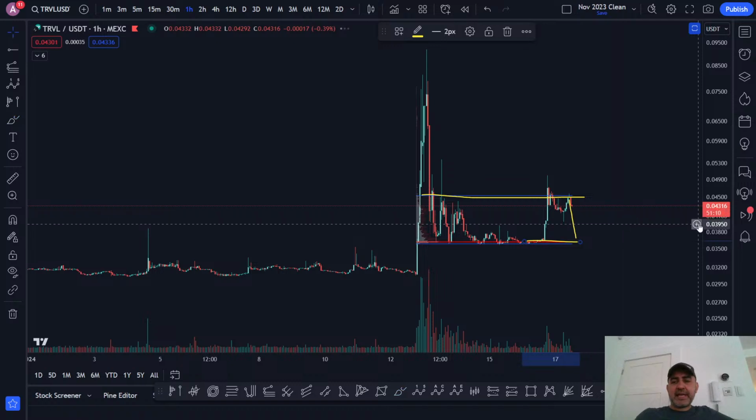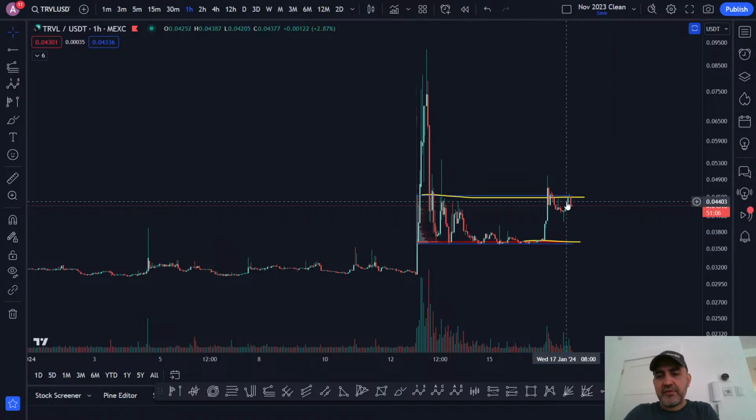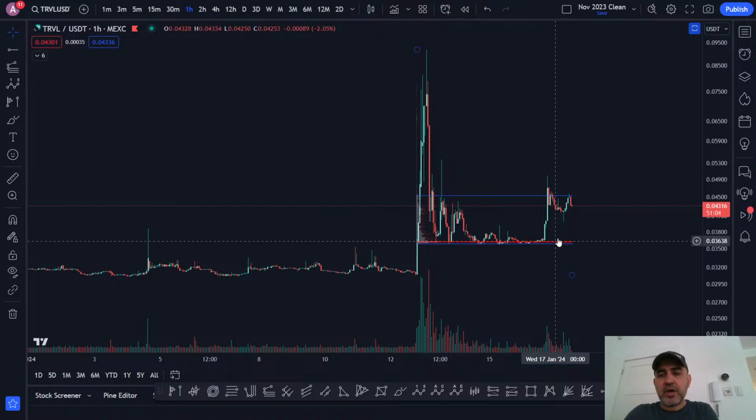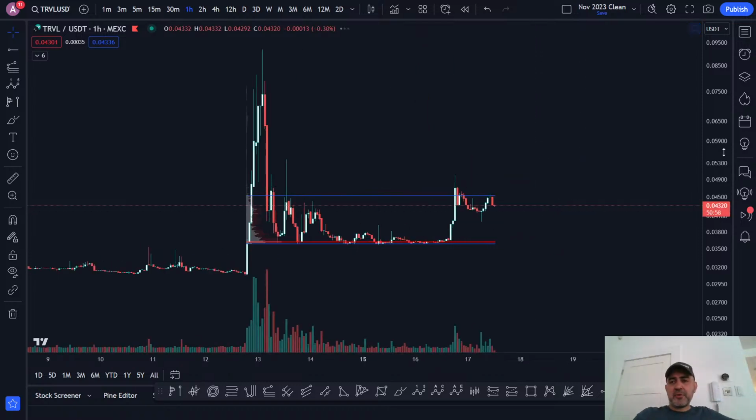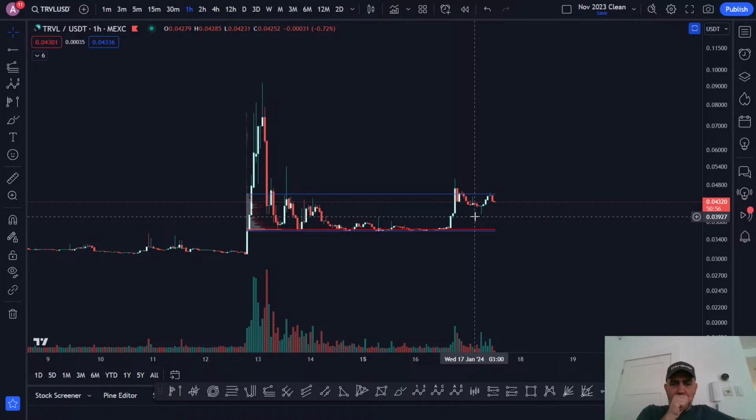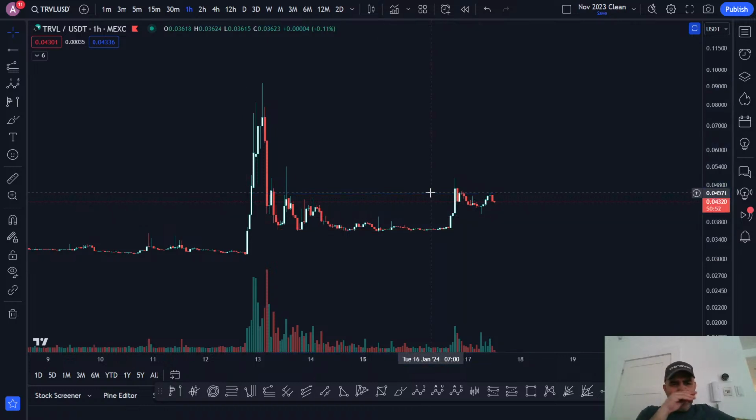And ultimately, what you're hoping for over time are higher lows, higher lows, higher lows, to get the squeeze to go up. So at the moment, we're not really, but we haven't ranged enough to be able to determine what's happening.